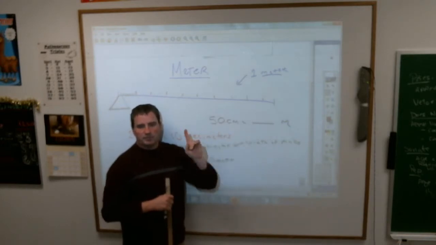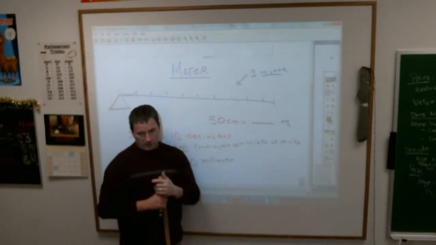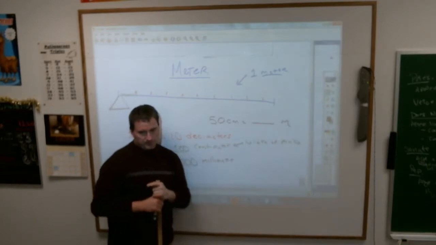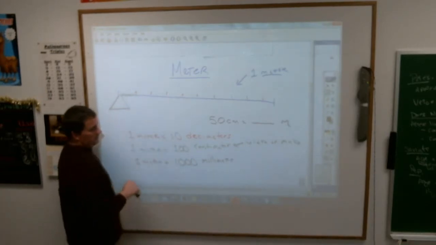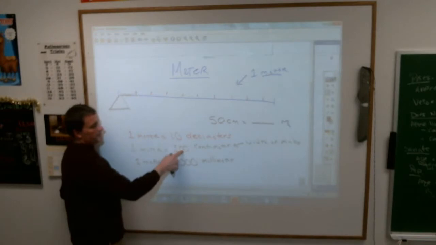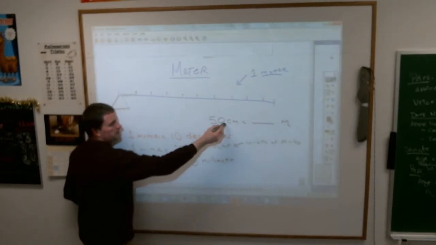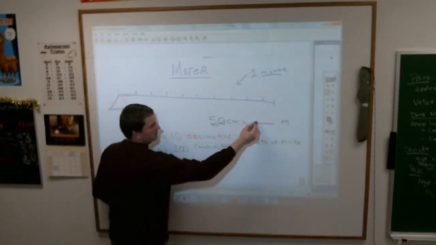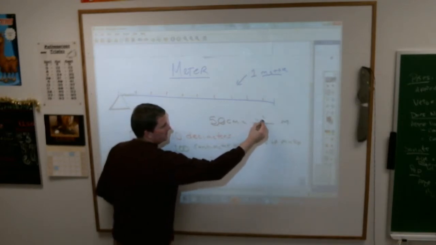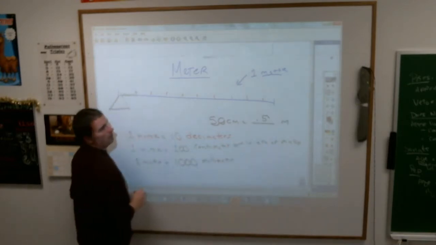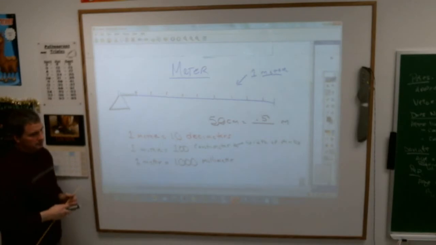It's just a matter of where the decimal point goes. And here's the deal that you remember. Since this is 100 and there's 2 zeros, you can just move the decimal back 2 places, and that's where your decimal will go in your answer. 50 centimeters is 0.5, or half of a meter.